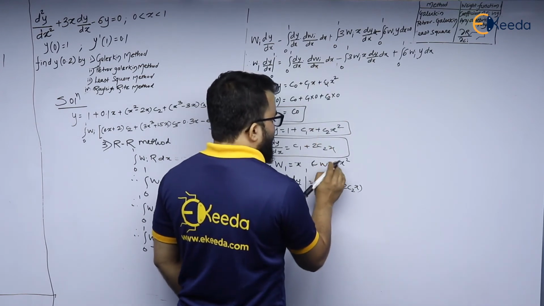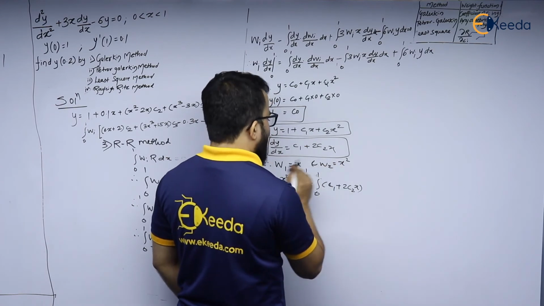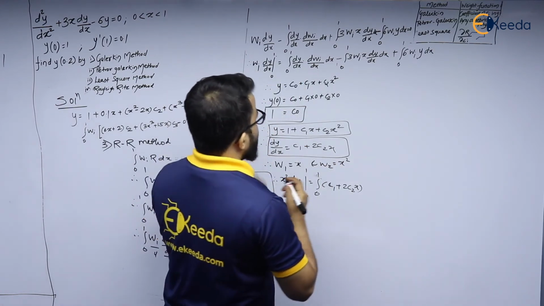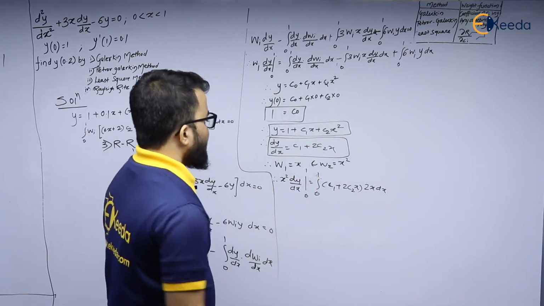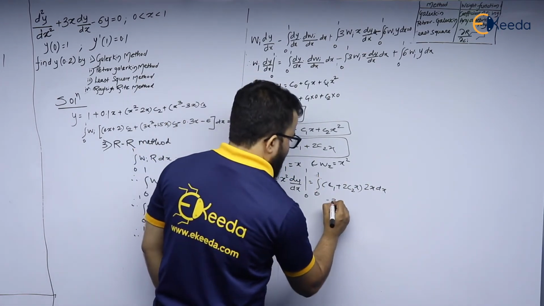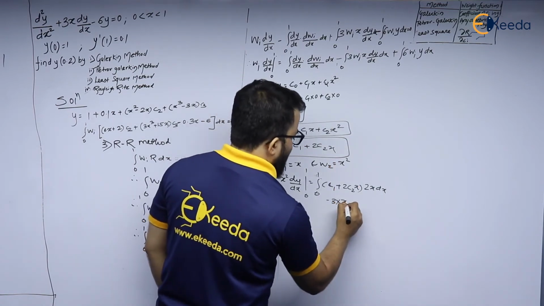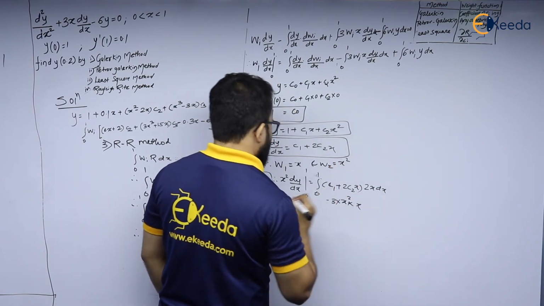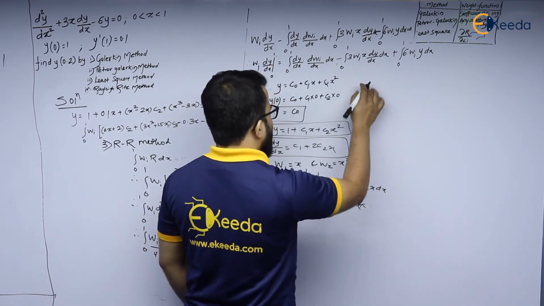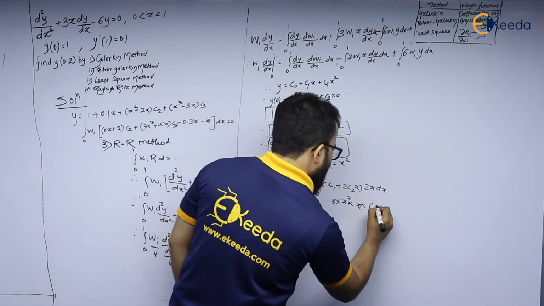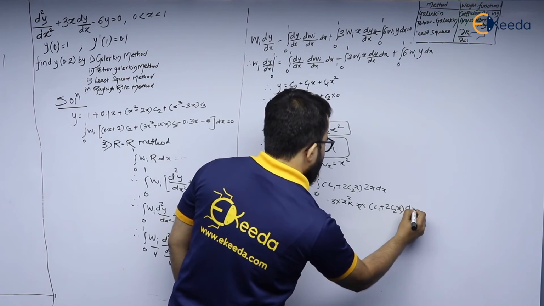You simply take the derivative of this with respect to x, which is 2x. So you will write 2x dx, minus 3 into W2, which is x square, so x square into x dx into dy by dx, which is c1 plus 2c2x dx.